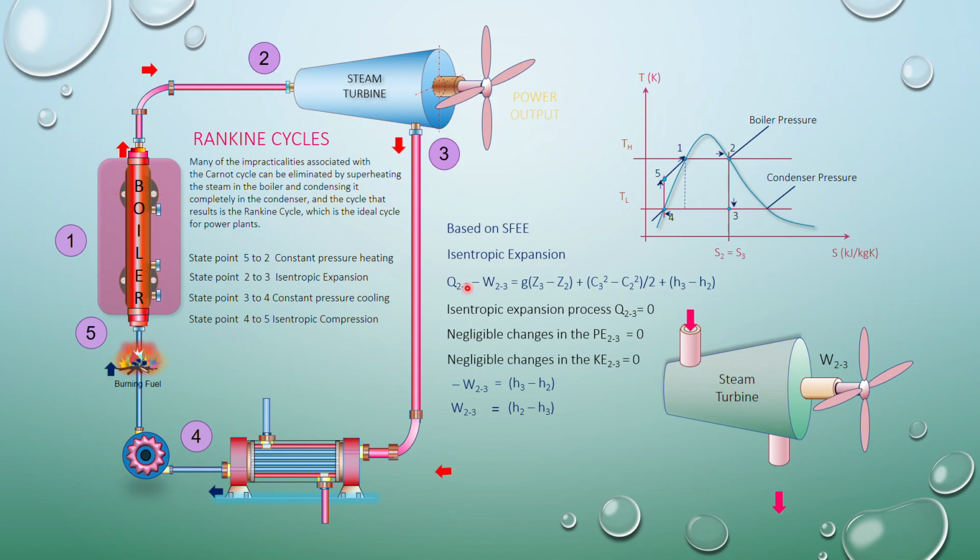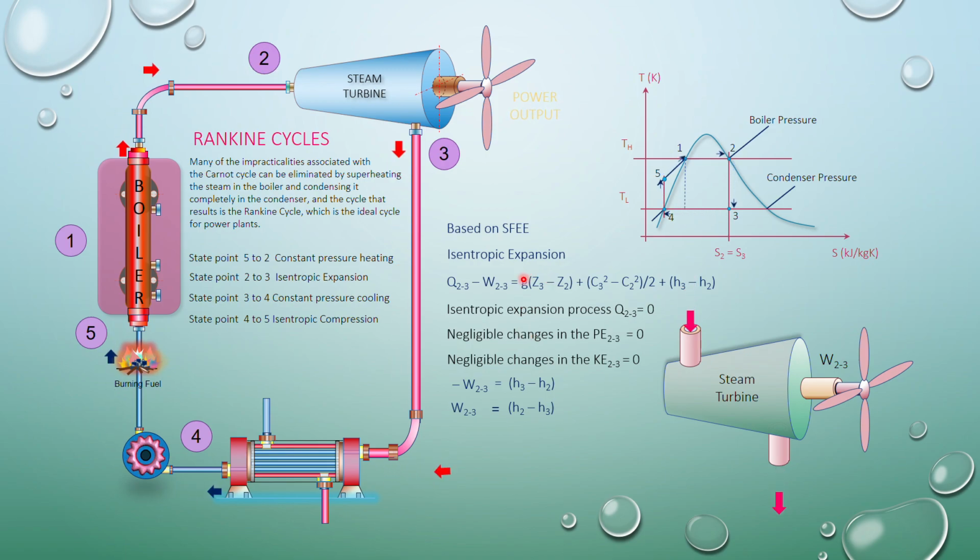When you refer to the steady flow energy equation, you can see heat minus work equals the changes in specific potential energy, plus the changes in specific kinetic energy, plus the change in specific enthalpy. Since it is an isentropic expansion process, we say Q2-3 is negligible, so we can take it as 0.